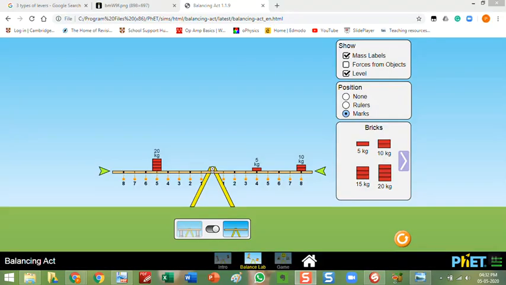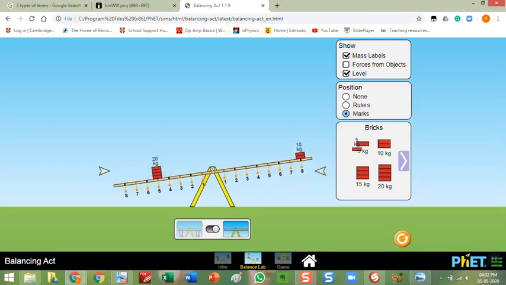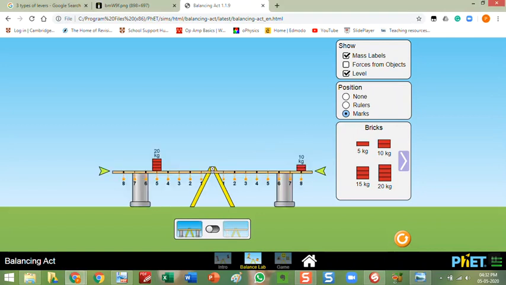We will now look at balancing. So if the law of moments applies and an object is balanced, we know that the clockwise moments must be equal to the anti-clockwise moments. If we start again with our simulation, we have a 20 kg at position 5. So where must I put a 10 kg to balance that? 20 times 5 gives me 100.